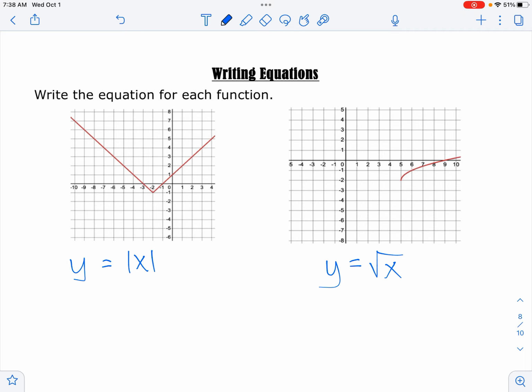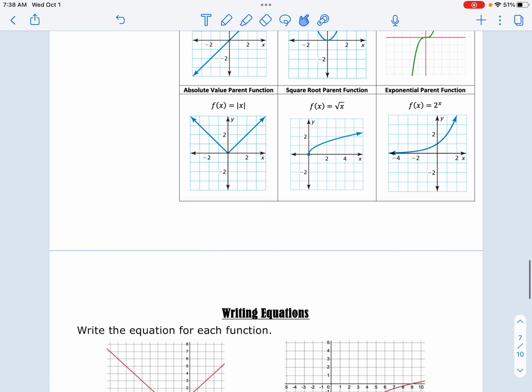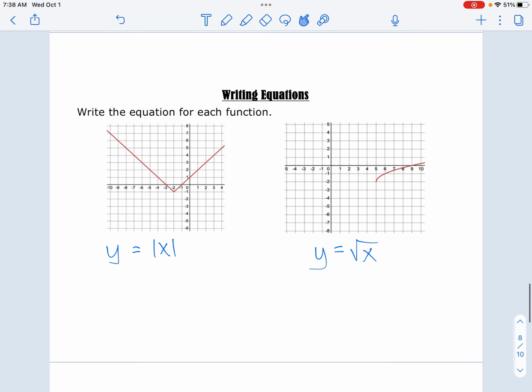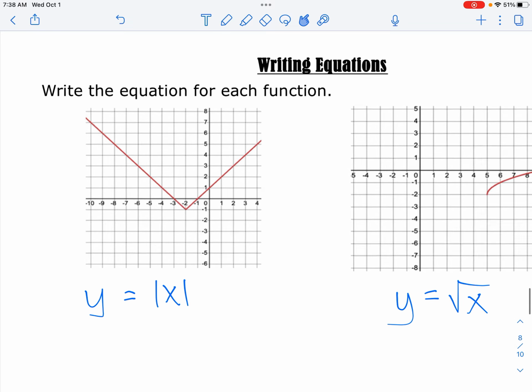Okay, so I'm just comparing that with these right here to get that information. I have here and here. So now these are not the parent function, they've been moved. Let's take a look at how they've been moved.